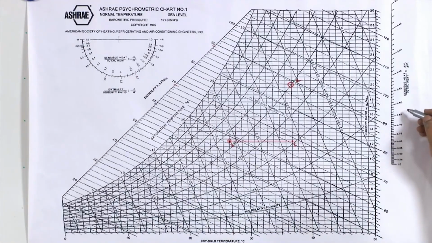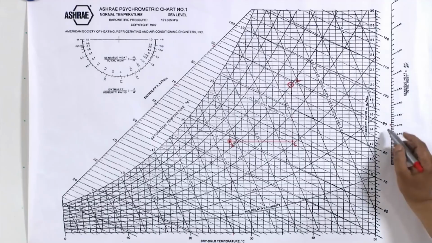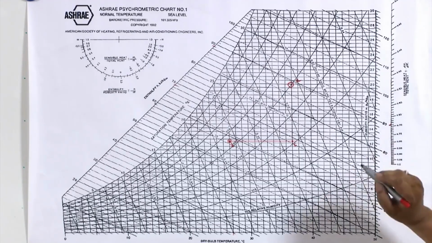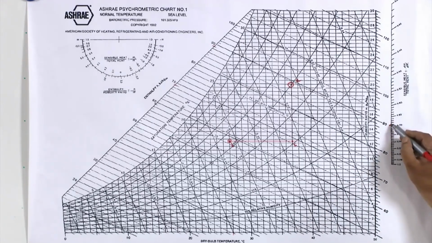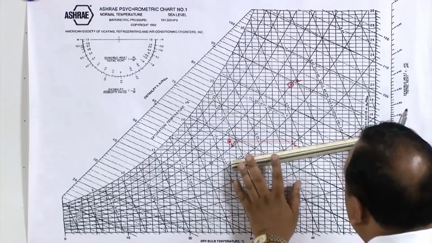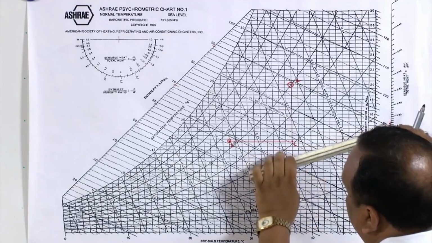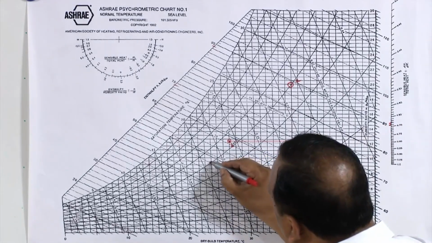In this case the sensible heat factor is 0.68. So 0.68 is going to be here, between 0.65 and 0.7, which is divided into 5 parts. The second last one is 0.68, and this 0.68 is joined with the ideal condition, that is 24 degrees centigrade.